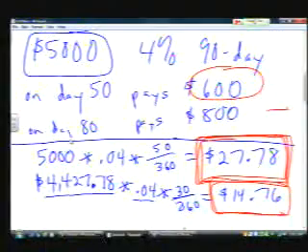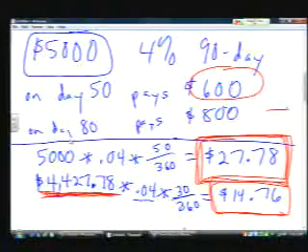Now, same type of thing goes, they're not going to subtract $800 off the principal. They're going to put the $14.76 in their ka-ching interest drawer. Okay? So they're not going to do that. You don't get $800 subtracted off of this $4,427.78.